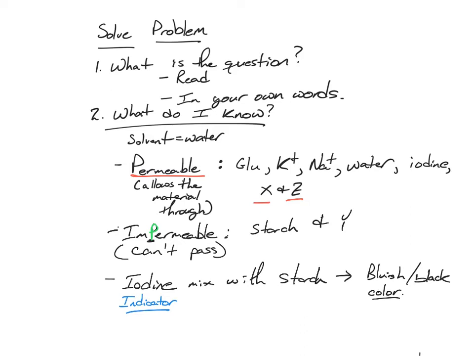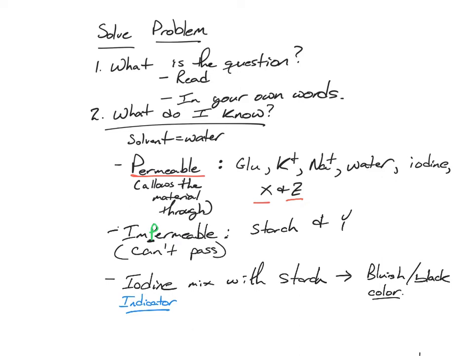It indicates the starch because it makes the color change. So when does the color change? When they mix together. When what mixes together? Iodine. Right. So if I add iodine to a solution that has starch, what's going to happen? So that change in color is telling me what? The starch is there.